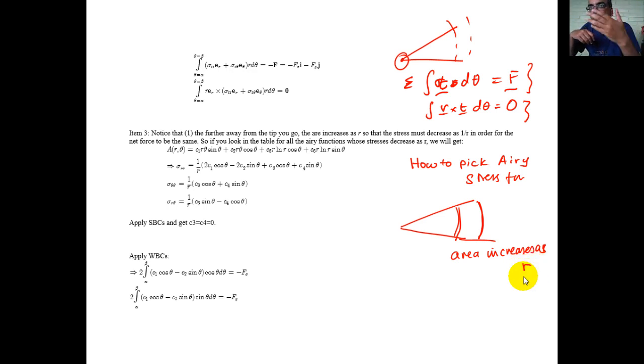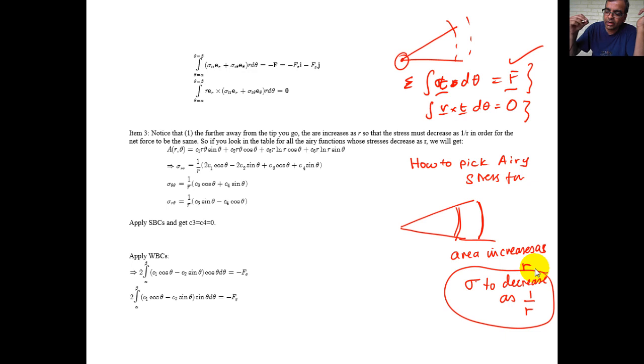So it increases with radius. So you want the stress to decrease as 1 over r, so that stress times area is constant, otherwise it will not add up to the force, right? So you want Airy stress functions for which the stress looks like 1 over r.